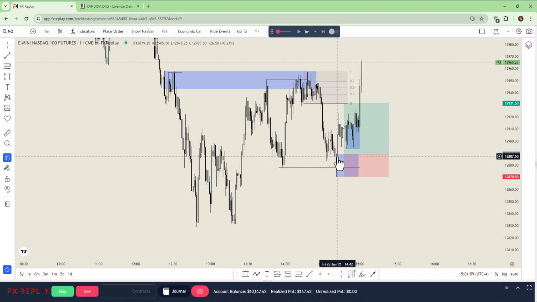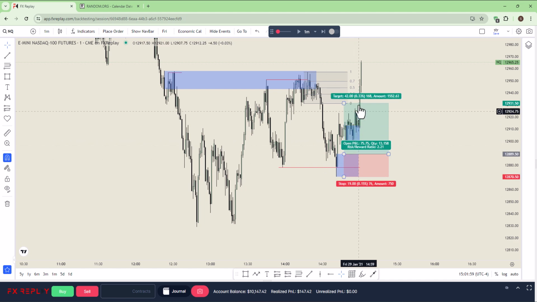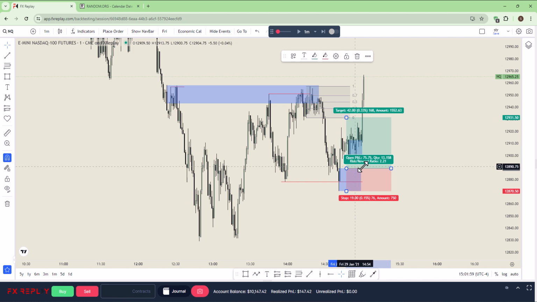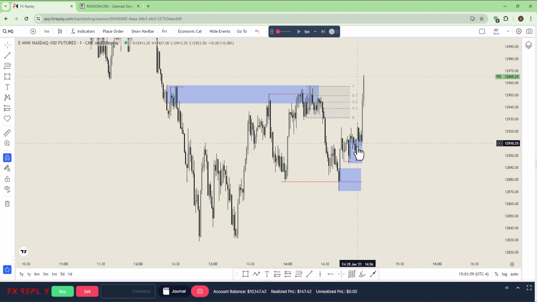Because now the model is happening in the opposite way and you're gonna get liquidated, right? If we didn't enter from here, this is a sign that you really want to delete that limit order, right? So this is a missed setup. This is also a missed setup we didn't see, right?